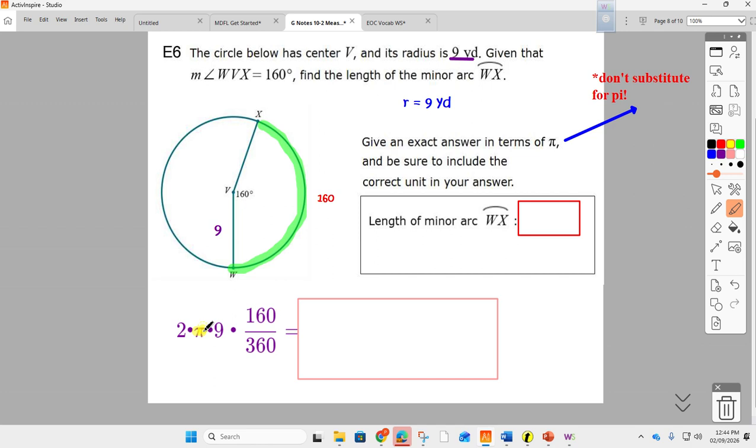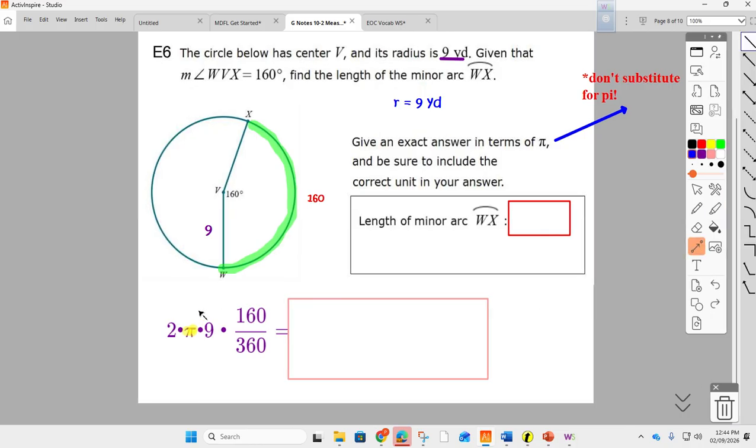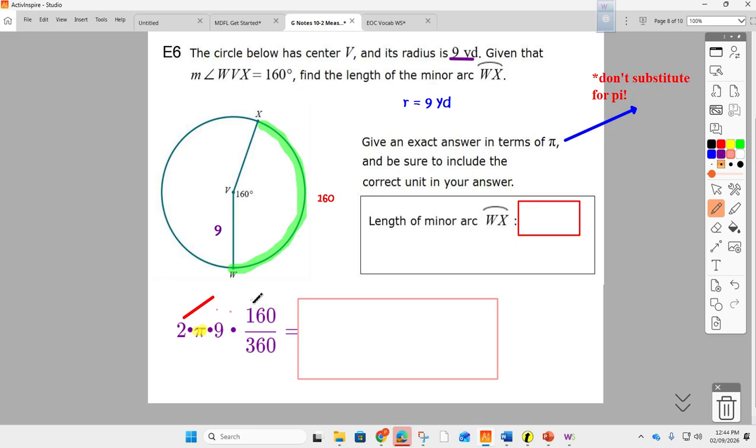All right, so our answer is going to have a pi symbol in it. So we're going to ignore the pi symbol right now in our calculator. We're going to enter all the numbers: 2 times 9 times 160 divided by 360 and equals.